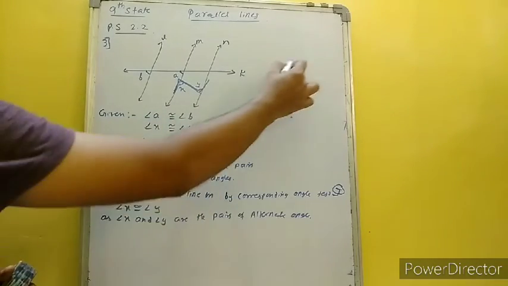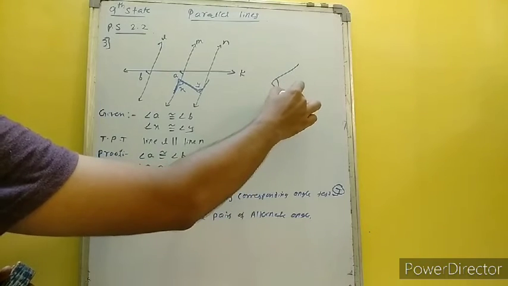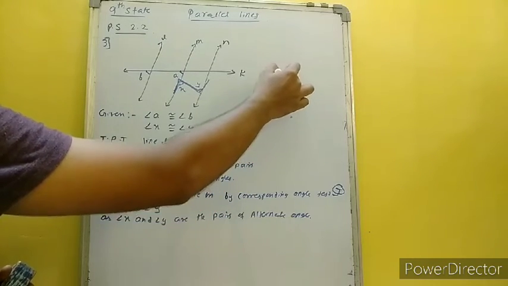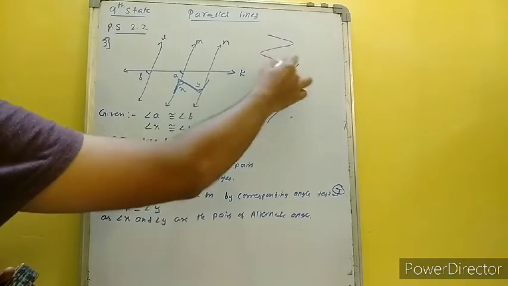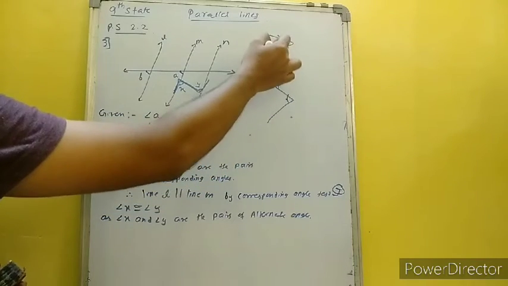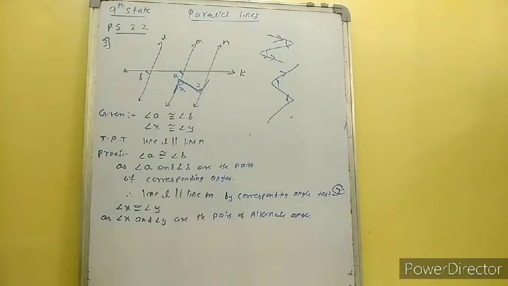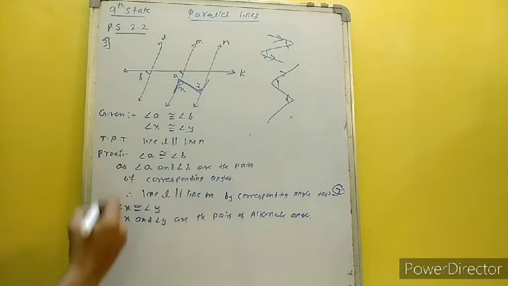Okay, so if this is also forming Z, but these two angles are not equal, so I cannot say that these are parallel, but this is forming Z and this angle is equal, then we can say that the lines are parallel. So they are the pair of alternate angles and they are equal as well. Therefore I can say that x and y means m and n.